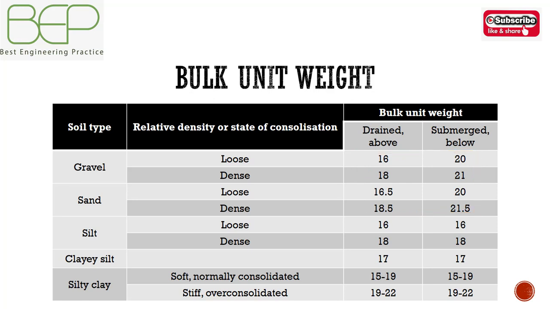Clays will not normally have a significantly different bulk unit weight above and below the groundwater table, since capillary suction can maintain their pore spaces full of water. As we can see, these are similar values.